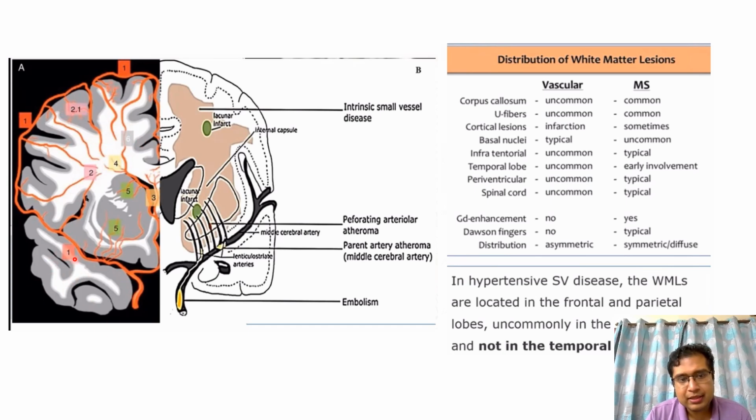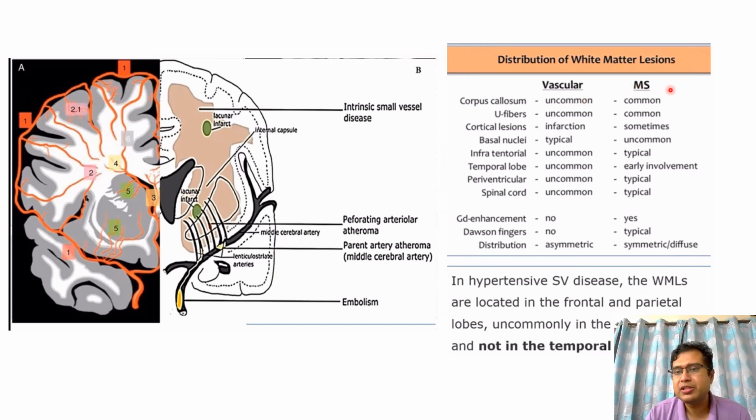And hence the temporal lobes are less commonly involved in chronic ischemic changes as compared to multiple sclerosis. So if lesions are seen early in the course in the temporal lobes, it is likely to be because of multiple sclerosis rather than ischemic changes.